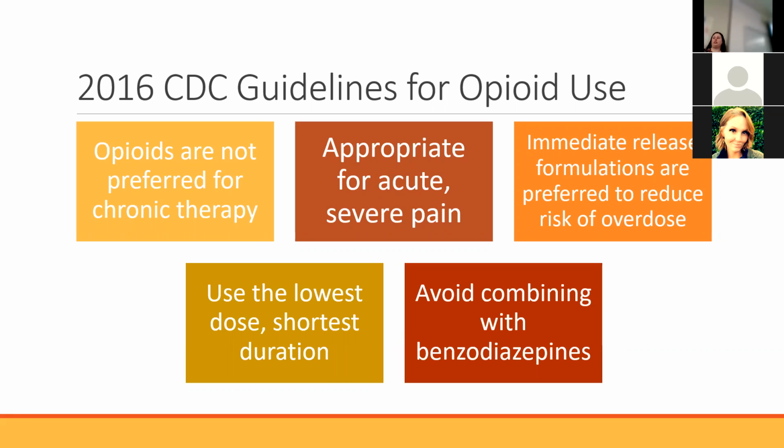Again, use the lowest dose for the shortest duration, and avoid benzodiazepines when you can, especially for somebody going home. In-house during a procedure, you may need anxiety as well as pain control using both, but don't send somebody home on both of them.